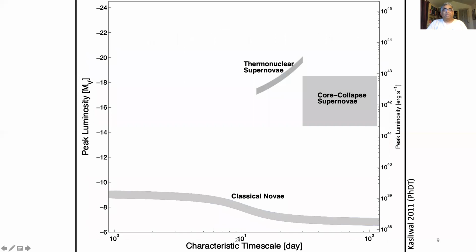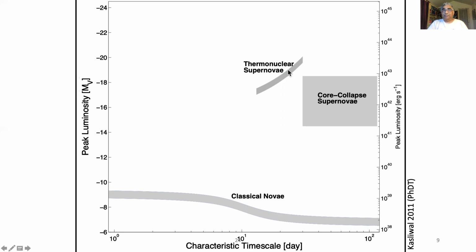Okay, so here's a phase-space diagram, and I call it, in honor of Zwicky, the Zwicky diagram. It shows the peak luminosity on the y-axis in magnitudes in the V-band, and the duration on the x-axis: 1 day, 10 days, a year. And roughly the lay of the land, if you go back about 20 years, is thermonuclear supernovae, otherwise known as Type Ia supernovae, very famous for their role in cosmography.